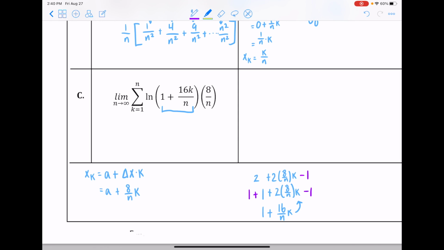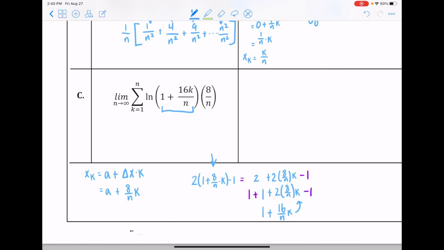The whole reason I did that 1 there was so that I'm going to divide by 2 here, and I want that 2 to disappear, and I'm trying to not leave with a fraction here. So when we do that, if you factor the 2 out of this, working backwards here, what do we have? So we pull the 2 out, and we're left with 1 plus 8 over n times k, and then minus 1. Don't forget the minus 1 at the end there, okay?